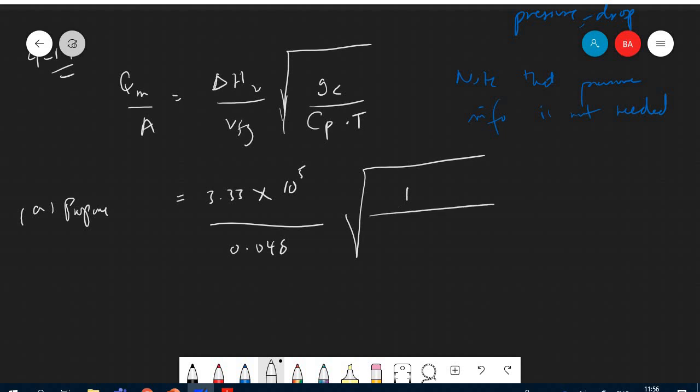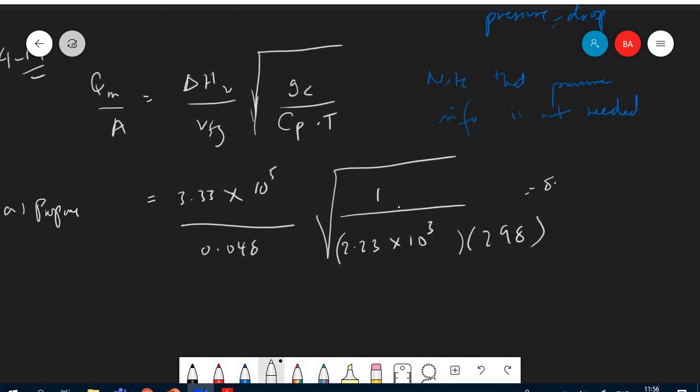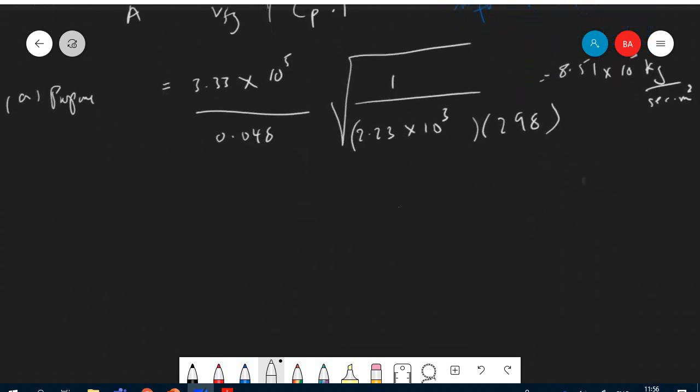So we can calculate this. The first case was propane, so just substitute and get the answer. gc is 1 in case we are talking about SI units here. You need to check this by yourself.